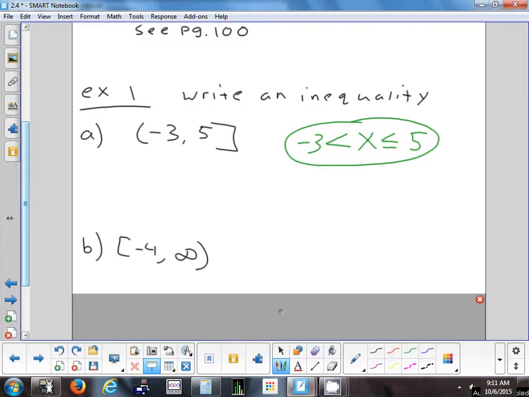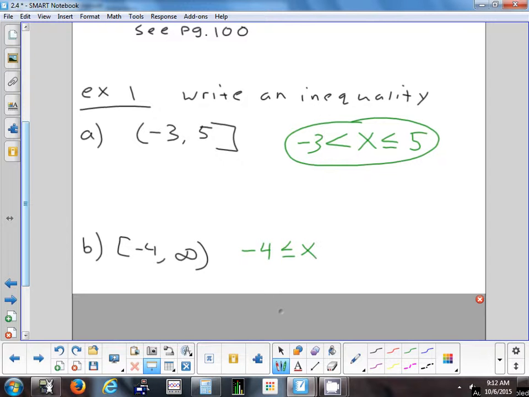Okay, how would I write this as an inequality? I can pick any number from -4, including -4, up to infinity. This one's actually a little simpler than this. Yep. Can you just do -4 is less than or equal to x? Yep, you could say it this way.